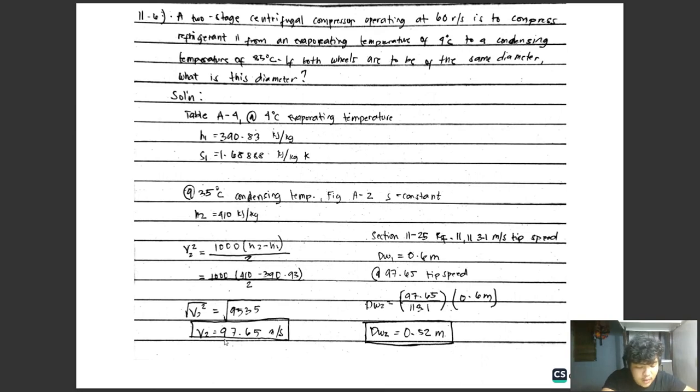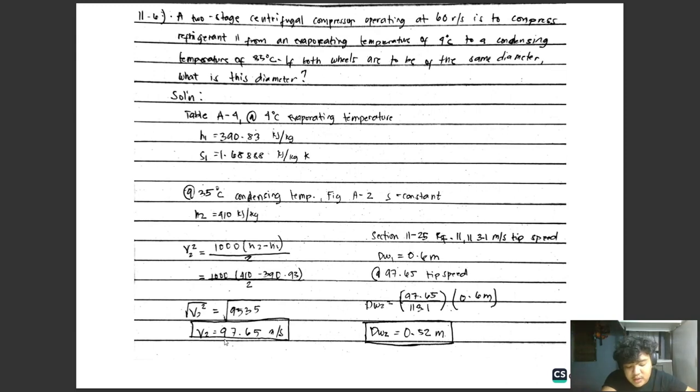So after we get these values, we need to solve for the diameter. From section 11-25, refrigerant 11 has 113.1 meter per second tip speed, with DW1 equal to 0.6 meter.